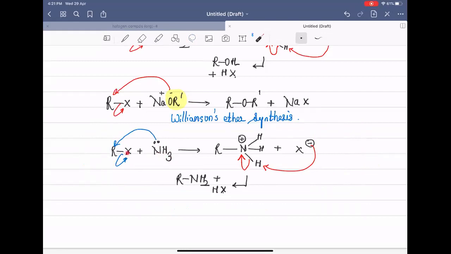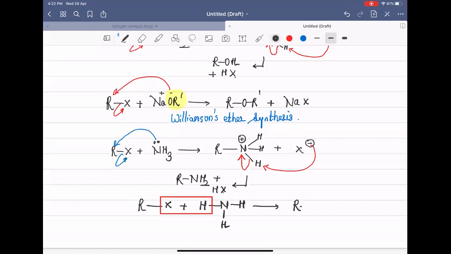In short, you have to remove HX and connect the remaining. If I have to give you only the disconnection, it goes like this. Only the disconnections. It is RX plus NH3, and you just have to remove HX, and that gives you your product, RNH2 plus HX.